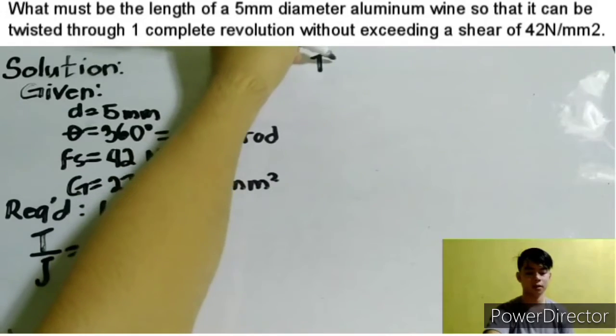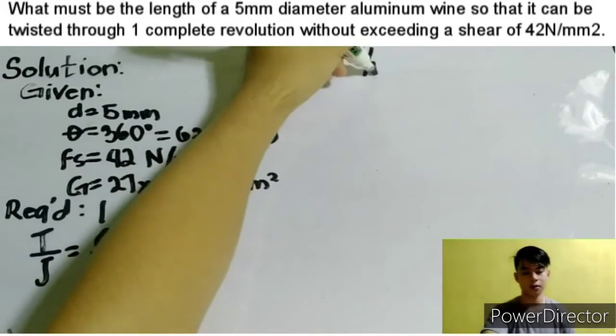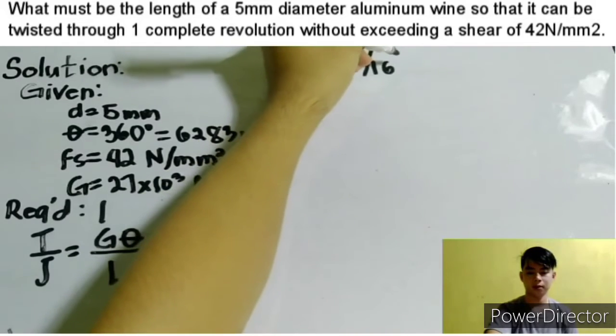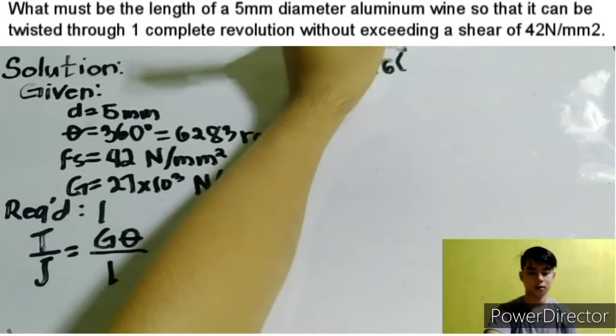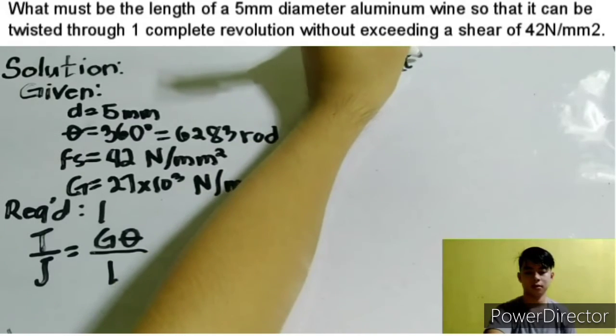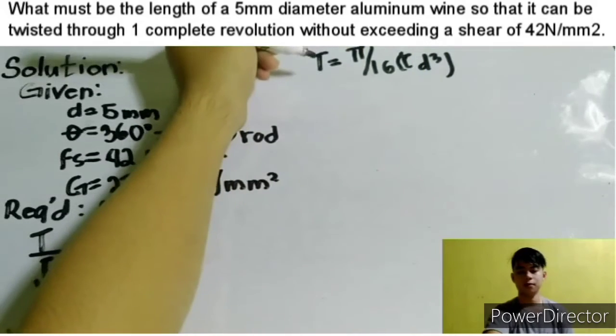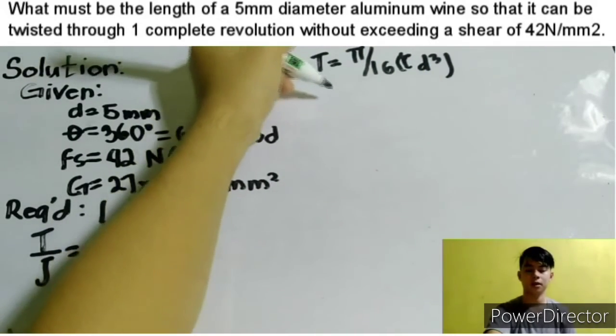So first, we need to solve T and J. T is equal to pi over 16 times our shear stress times d raised to 3.